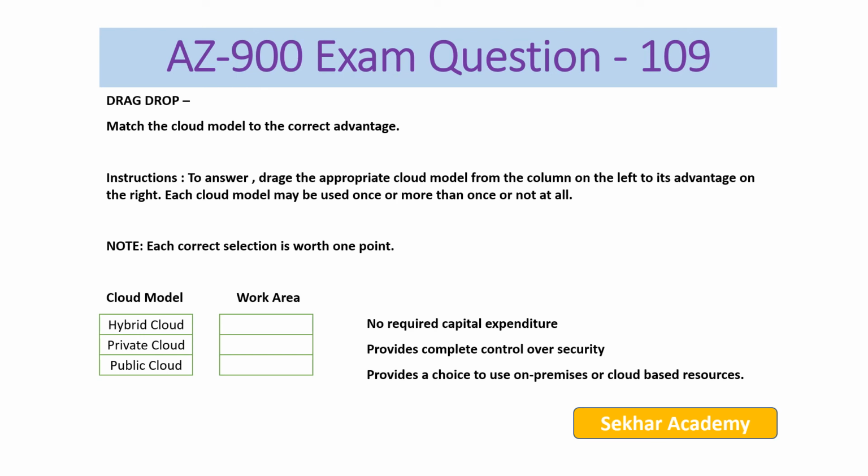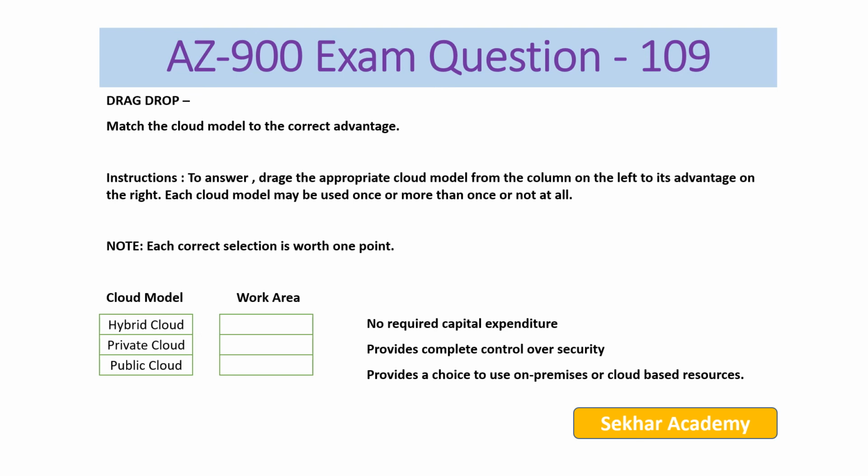Note each correct selection is worth 1 point. The cloud models are hybrid cloud, private cloud and public cloud, and the statements are: no required capital expenditure, provides complete control over security, and provides a choice to use on-premises or cloud-based resources.